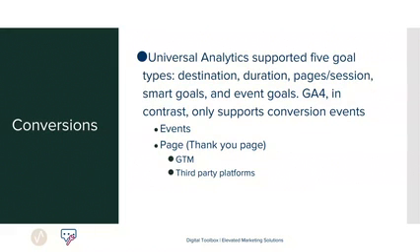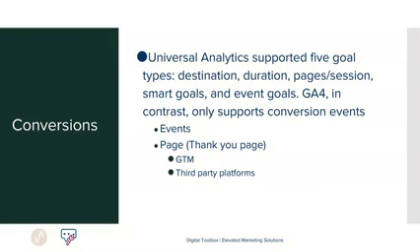All right, so this is a big change. Before, when you did Universal Analytics, you had 5 different types of goals that you could track. You could track a destination, whether or not somebody actually filled out a form and a thank you page fired. You could track duration, so how long people spent on the site would become a conversion.